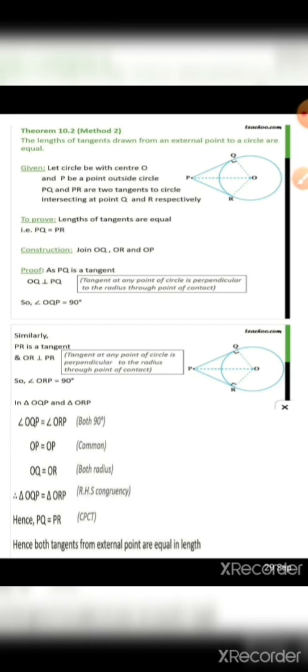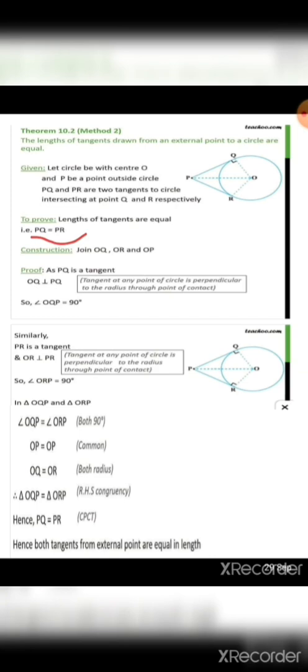Given: a circle with center O, and P is a point outside the circle, and PQ and PR are two tangents to the circle touching it at points Q and R respectively. Then what you are supposed to prove? That the lengths of the tangents are equal. That means PQ equal to PR.